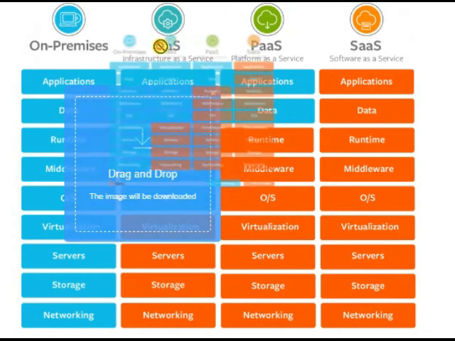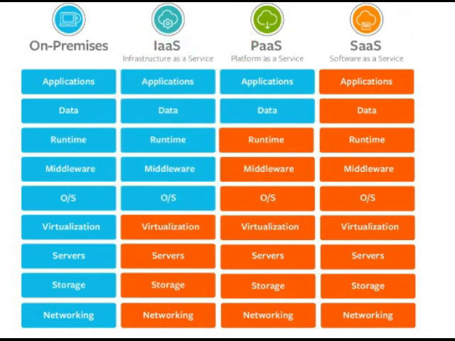A virtual machine is basically a Windows or Linux operating system that is bare. It doesn't do anything by itself. You have to go and develop the software or install the programs to get it to run. So that is the lowest level that you can get within a cloud environment.